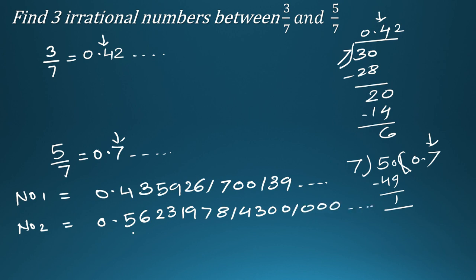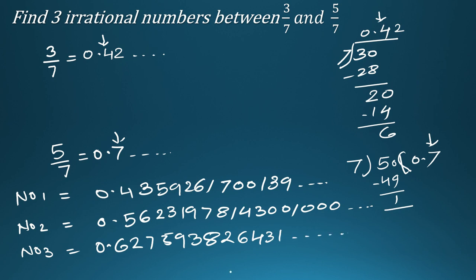You will not make any pattern, because if you make a pattern, it will become a rational number. Irrational means neither terminating nor repeating. The final number can be, for example, 0.627593826431 like this. So these are the three possible answers you can have for this question.